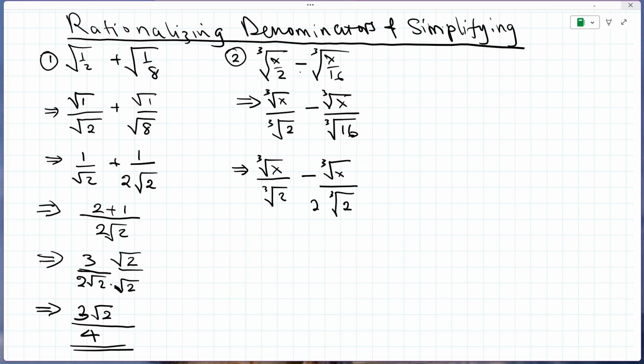So again, we have now to use the usual method of solving fractions.